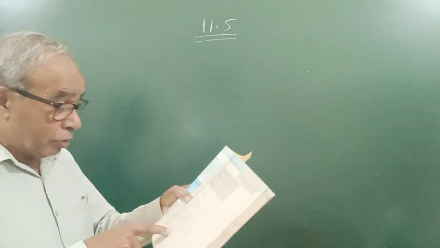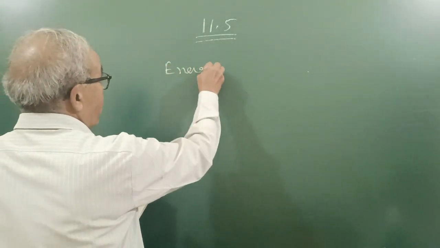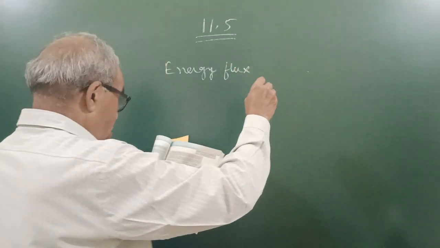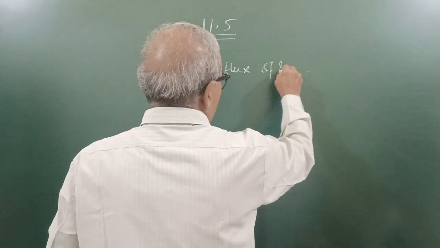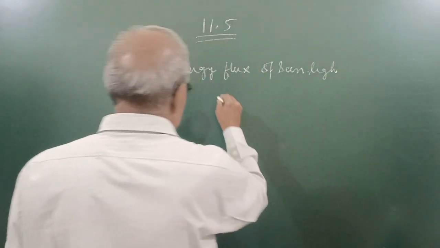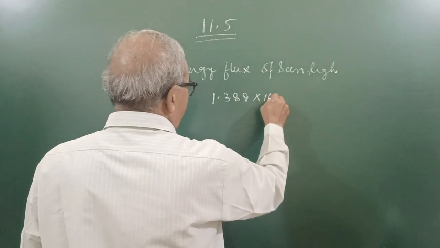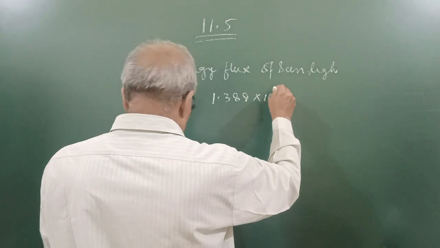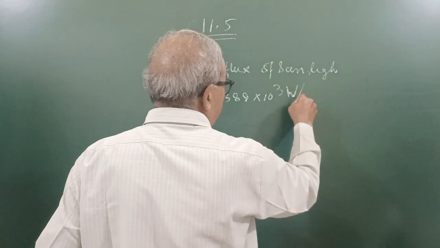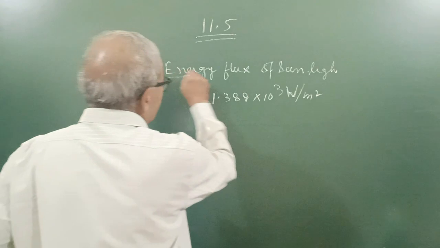Energy flux of sunlight reaching earth is 1.388 into 10 to the power 3 watt per meter square. So why do students get puzzled with this energy flux?